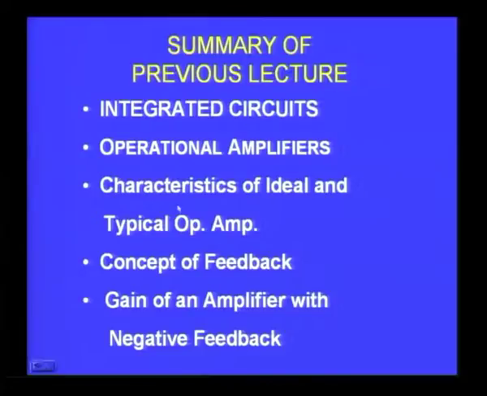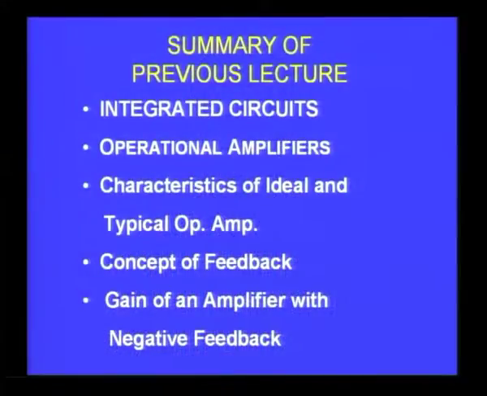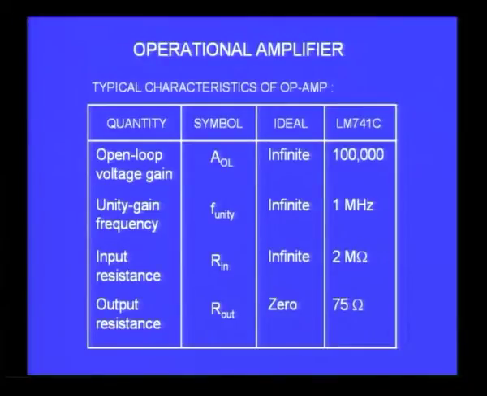You might recall that we discussed the basic principle of integrated circuits, how integrated circuits are developed and formed, and then operational amplifiers, some of the characteristics of an ideal and a typical operational amplifier, and the concept of feedback. We also derived an expression for the gain of an amplifier with negative feedback, which is one of the very important aspects of electronics.